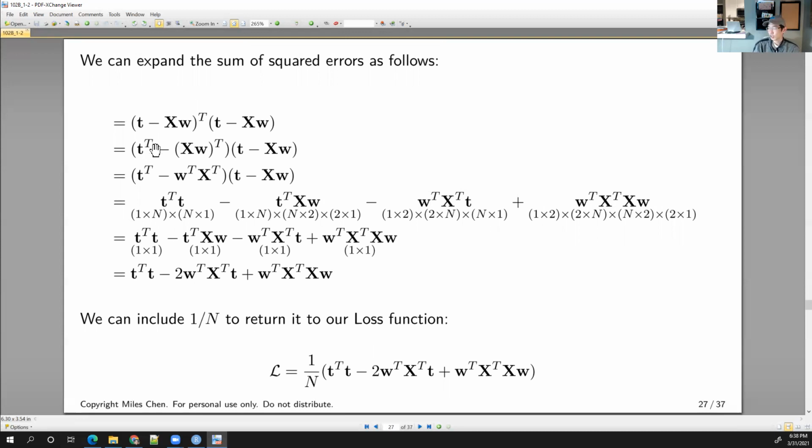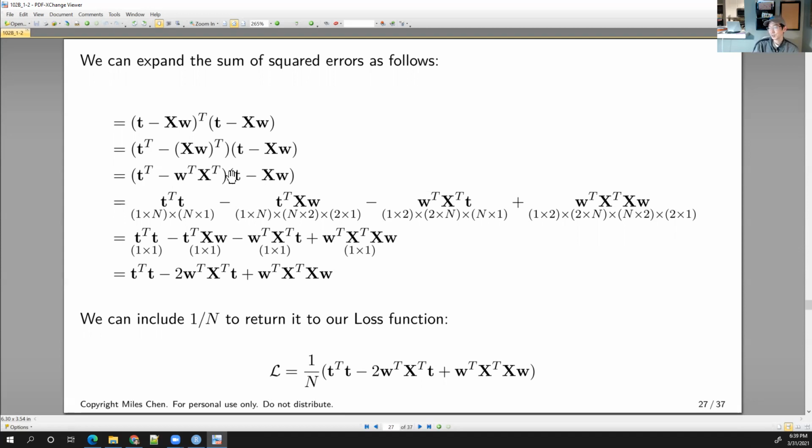So you get T transpose minus the quantity XW transpose. But when you distribute a transpose across things being multiplied, you have to swap their order, so XW transpose becomes W transpose X transpose. Is that okay so far? So I have T transpose minus W transpose X transpose, times T minus XW.